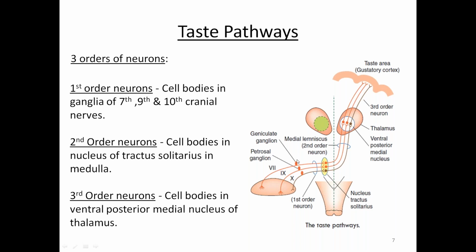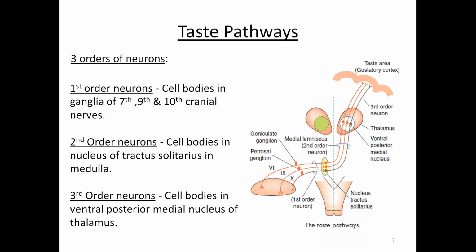If you look here, here is the geniculate ganglion which contains the cell bodies. So this was about the taste buds located on anterior two-third of tongue, the innervation from which is taken by the seventh cranial nerve. And I just mentioned the taste fibers run in lingual nerve, which branches from chorda tympani nerve, which is a branch of facial nerve.